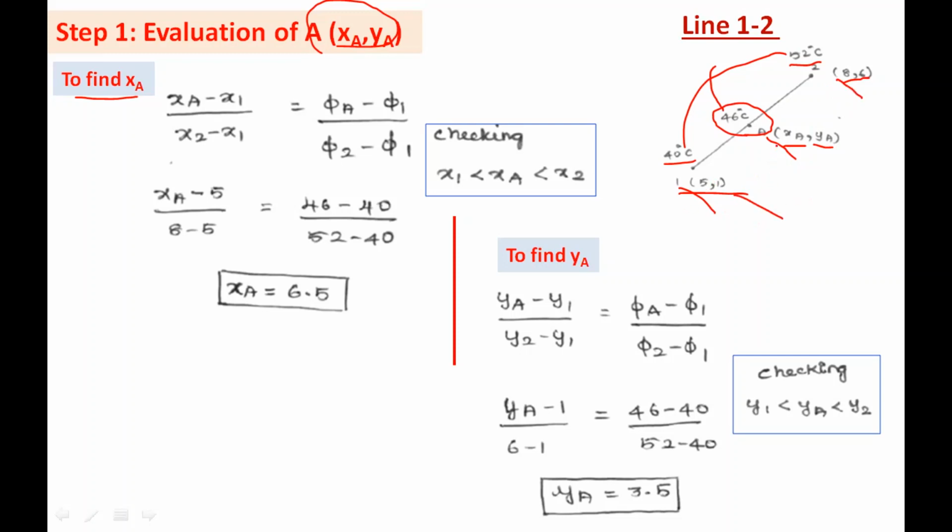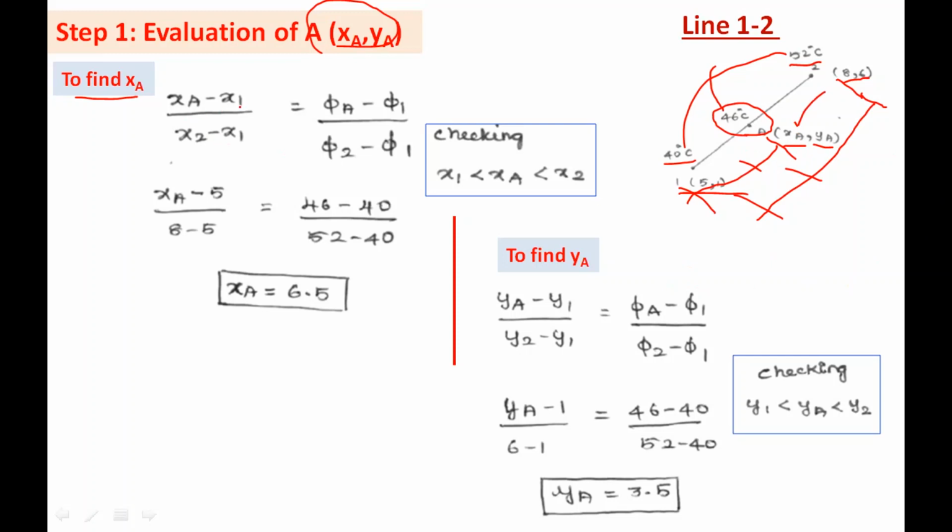That means we are taking the variation in the x coordinate for these two points divided by the variation of the coordinate distance for these two points. This relationship will be satisfied for this linear element. So this is called a linear relationship. We are using that linear relationship to determine the unknown coordinate xa.